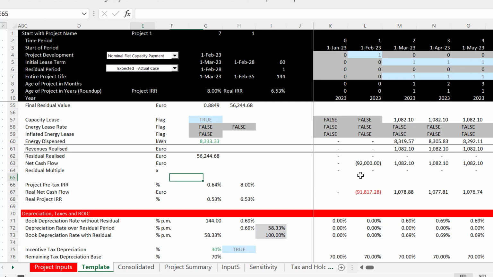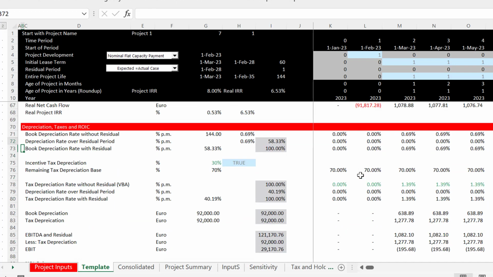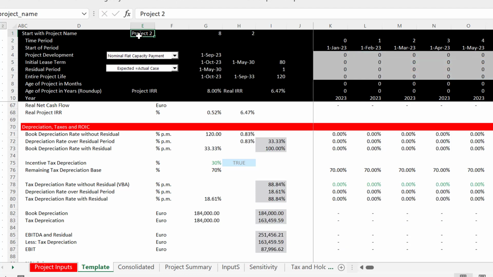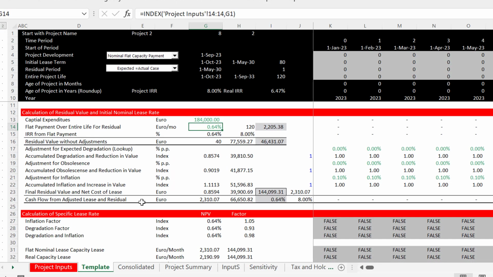All right, where I left off last time, we kind of got a project IRR. This time, we're going to get some depreciation. If you remember, I want to make these things a little bit independent. If we put project 2, then all the inputs are here in green.